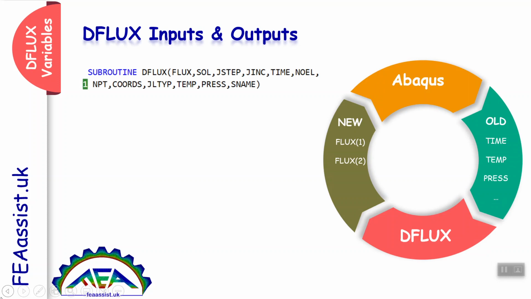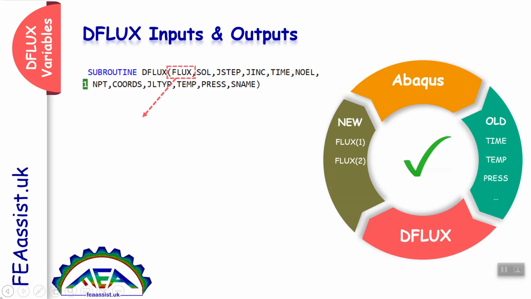Again, Abaqus gets FLUX 1 and FLUX 2 and computes the new variables: time, temperature, pressure, and others. This is how Abaqus and DFLUX interact with each other. We need to understand this interaction well to write good DFLUX subroutines.